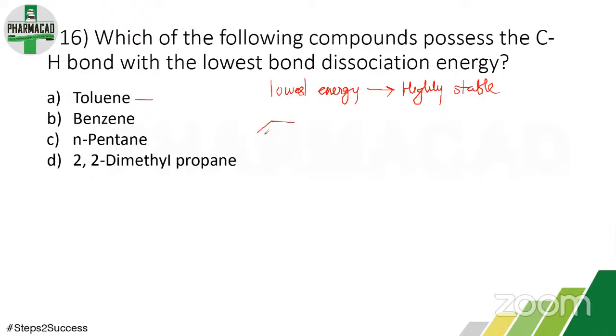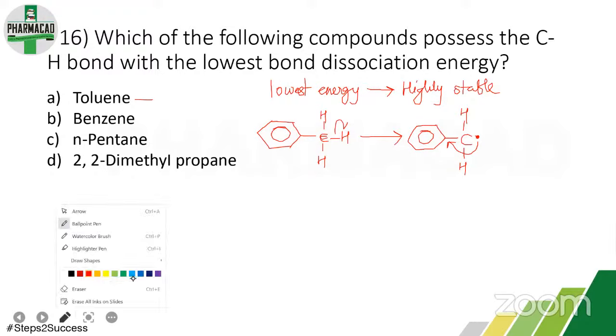Toluene is benzene with one CH3. By homolysis, what will we get? Carbon with a free radical, hydrogen, hydrogen. But by hyperconjugation of this free radical, we will get the free radical on this carbon atom.